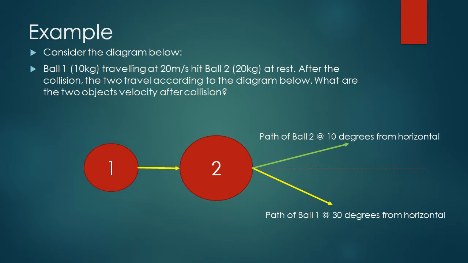After the collision, the two travel according to the diagram: ball 2 is traveling at 10 degrees above the horizontal, and ball 1 is traveling 30 degrees on the other side of the horizontal line. Given how it goes, what are the two objects' velocities after the collision?